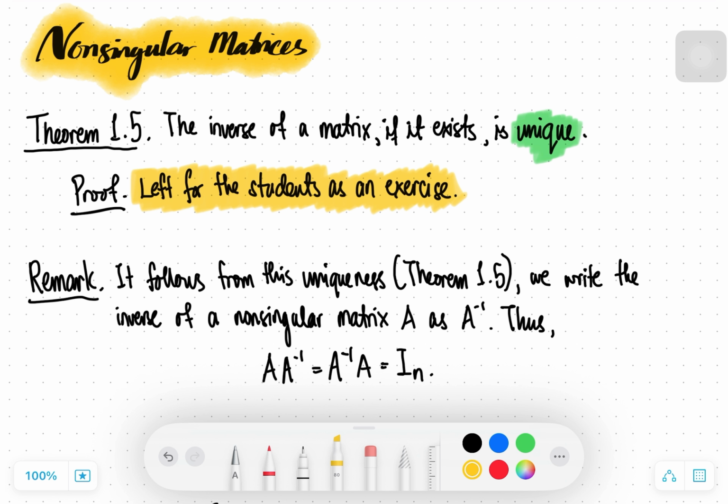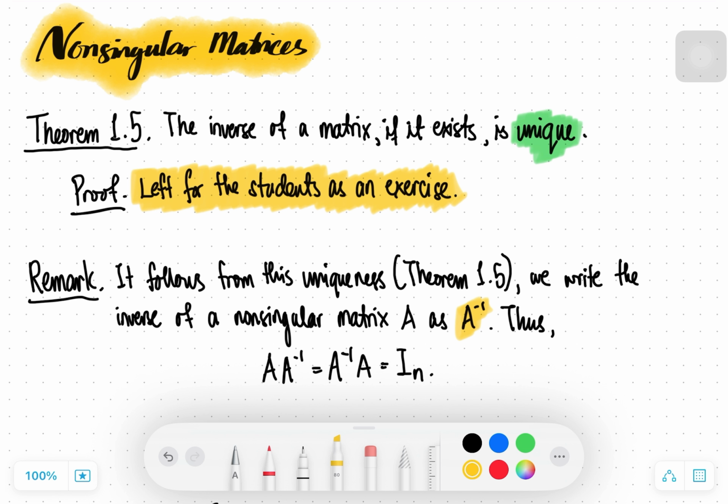As a remark, it follows from the uniqueness in Theorem 1.5 that we can write the inverse of A. Since the inverse is unique, we can write it as A inverse, or A raised to -1, but we read it as A inverse. That's a common nomenclature in abstract algebra as well.